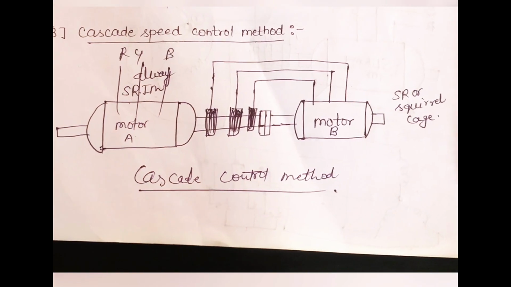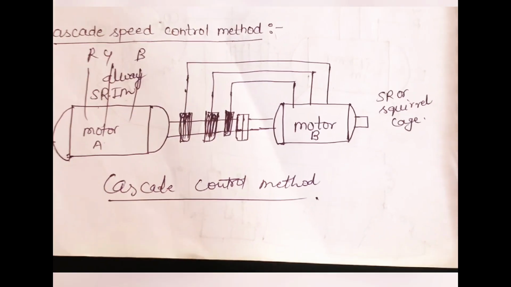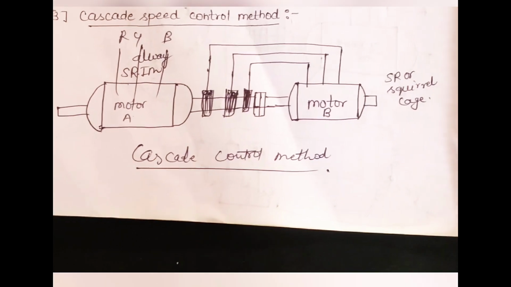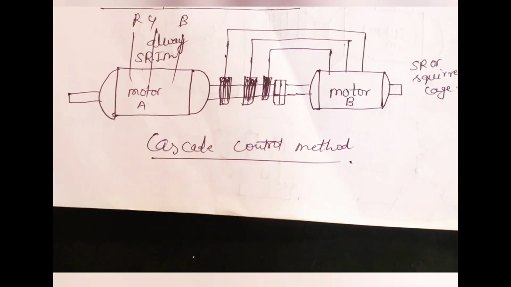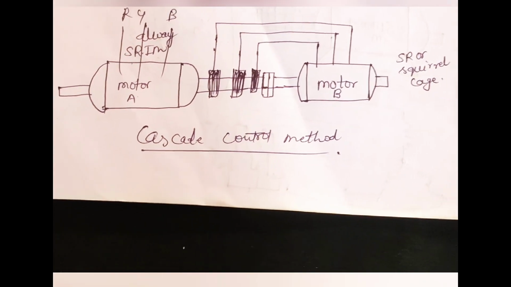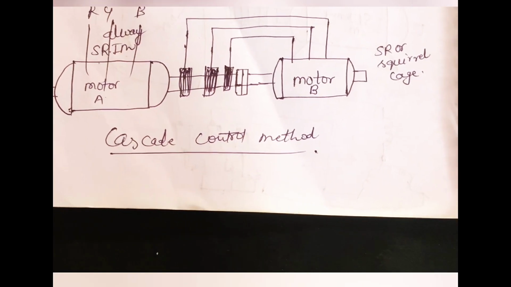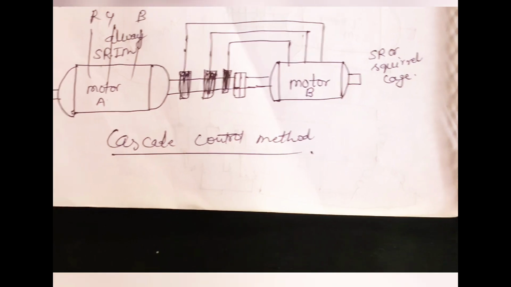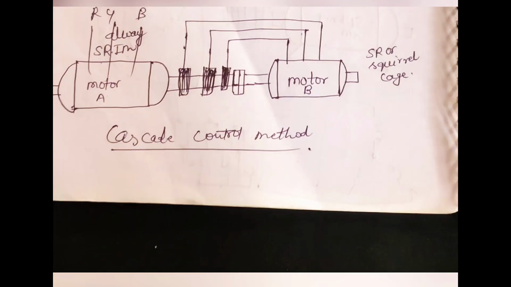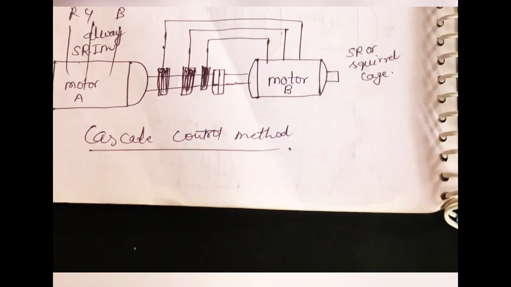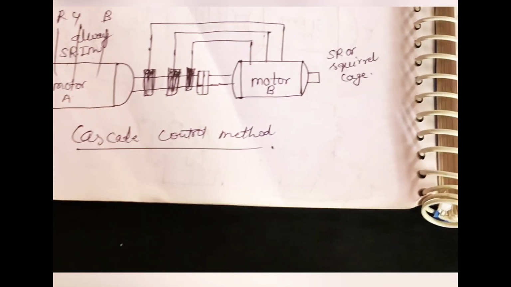This is the third and last method of speed control of a three-phase induction motor, in which two motors are used. First one is always a slip ring induction motor, and second one may be a slip ring rotor type induction motor or a squirrel cage rotor type induction motor.